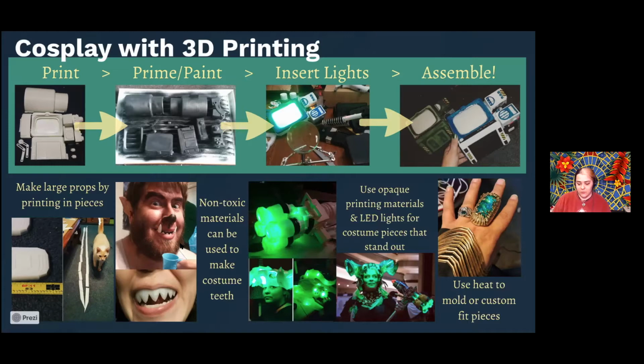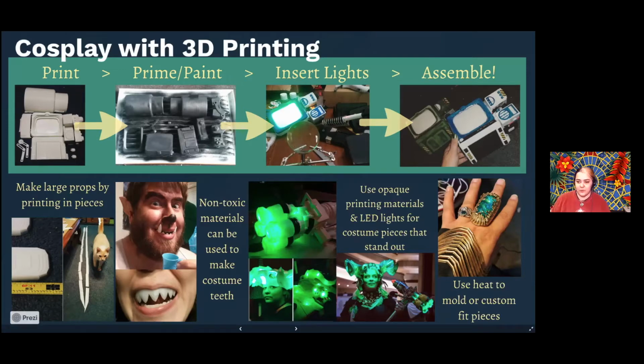I don't think it's really harmful to wear on your skin, but I would not recommend making teeth out of that. And then finally, there's clear filaments that you can get, and if you put lights in that, you can really show the lights coming through. And then actually I've got one last piece where I printed this and then used heat to kind of mold it.